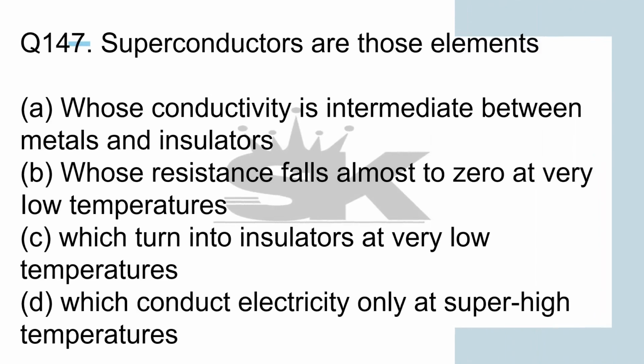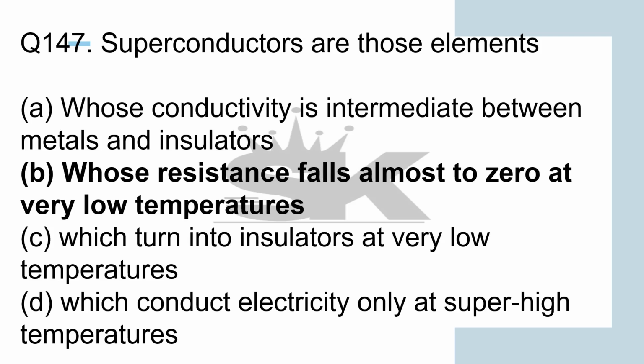Superconductors are those elements whose resistance falls almost to zero at very low temperature. So the answer is B. Superconductivity is a phenomenon of exactly zero electrical resistance and expulsion of magnetic flux fields occurring in certain materials called superconductors when cooled below a characteristic critical temperature.